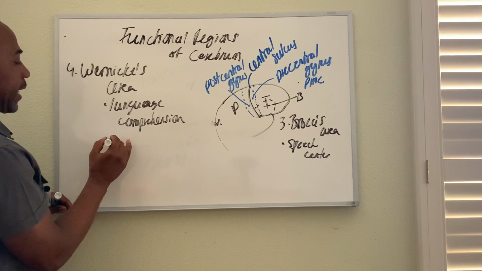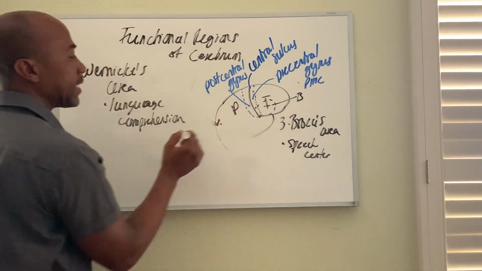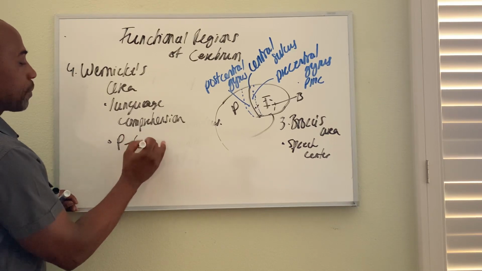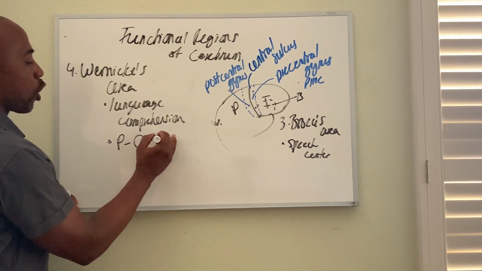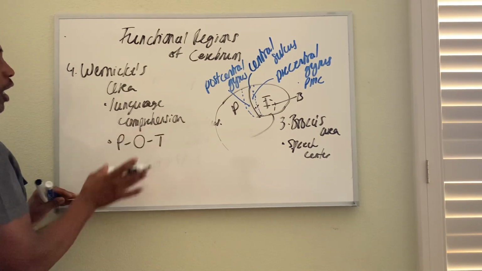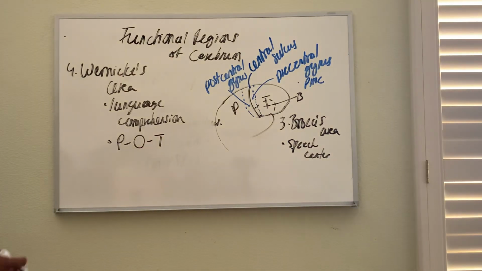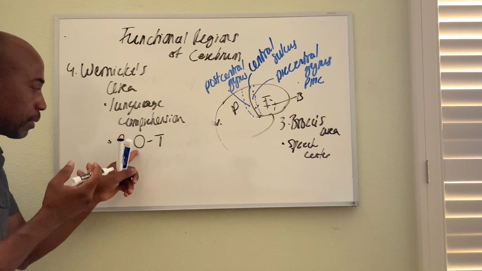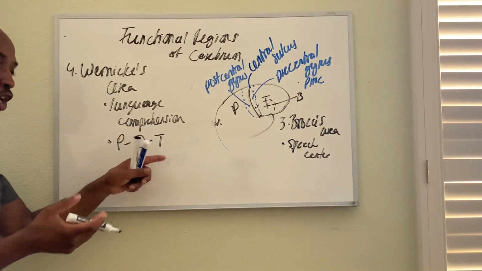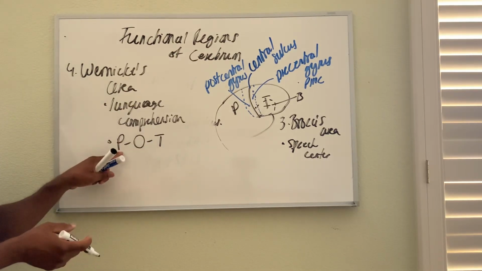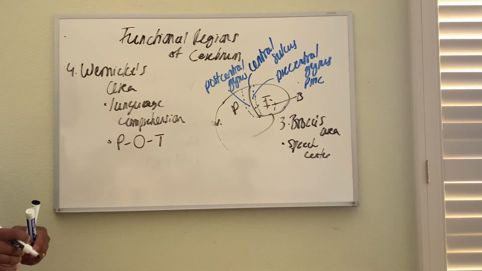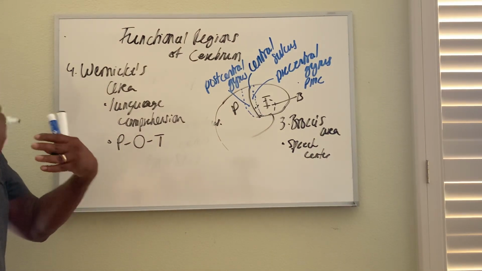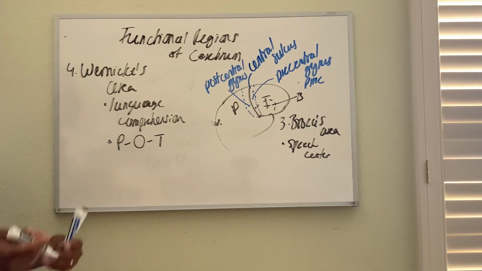This is normally in an area that comprises the parietal, part of the occipital, and part of the temporal lobe, so we call it a POT area. It can get information from what you see, occipital, what you hear, temporal, and even what you feel, the parietal lobe. Those areas contribute to your ability to comprehend verbal communication.